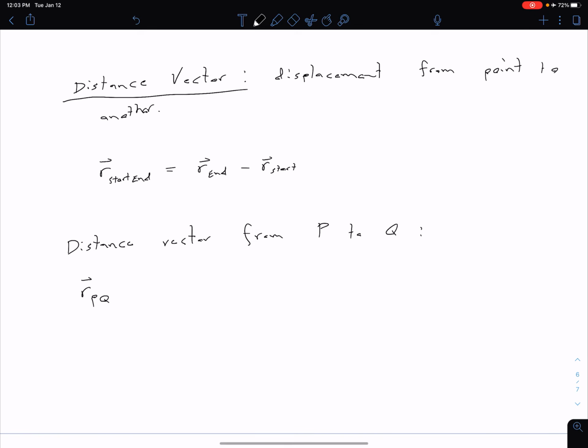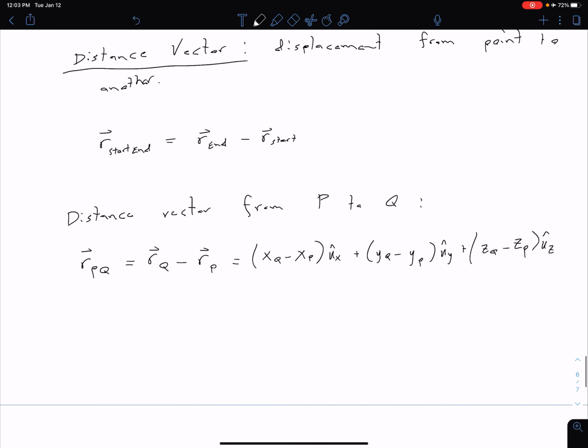Of course we need an arrow over our r because it's a vector, and this equals our end vector, r sub Q, minus r of our start point, r sub P. If we go through and do that, we get (x_Q minus x_P) in our x direction plus (y_Q minus y_P) in our y direction plus (z_Q minus z_P) in our z direction.